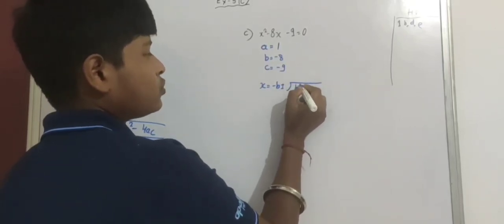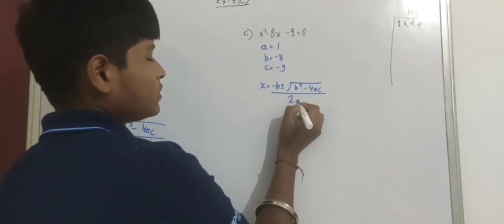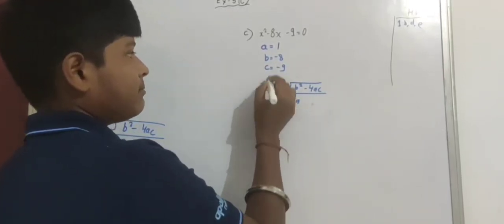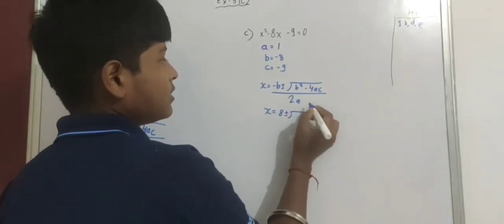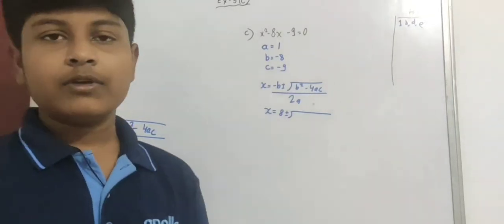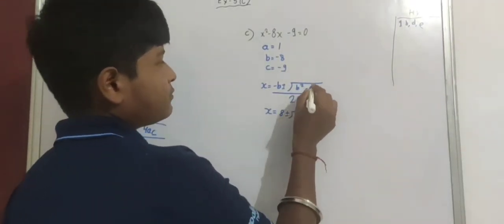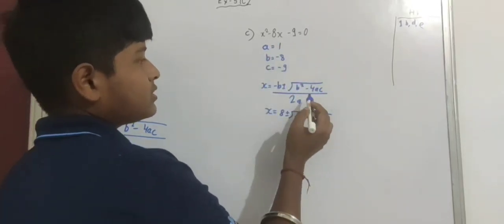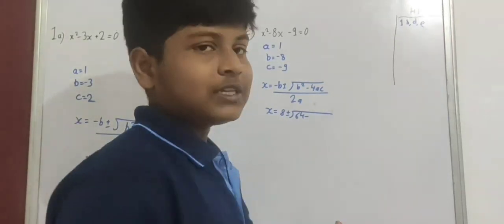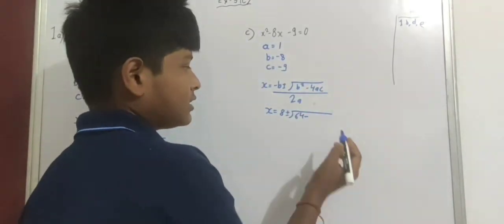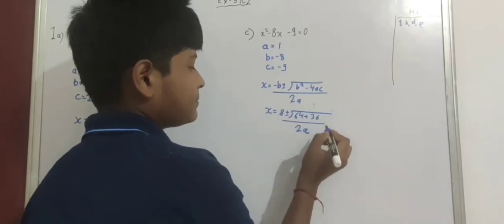So on putting in the formula of finding the x using discriminant, write the values. After writing the formulas, we have x equals to minus b, means minus and minus will get cancelled, so plus 8 plus minus under root b square means minus 8 into minus 8, so both minus, so it will be positive, that is 64, minus 4 into a into c, so it will be minus 4 into 1 into minus 10 and minus, so it will be positively 40, so plus 40, and 2 into 1, that is 2.